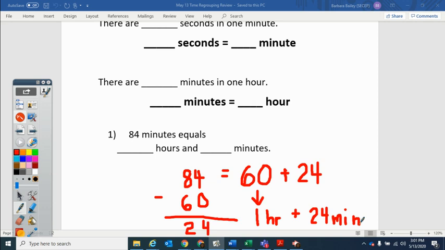Okay, so 84 minutes equals 1 hour, so we really don't need that S there, and how many minutes were left over when I took away 60 minutes, which is 1 hour? 24 minutes.